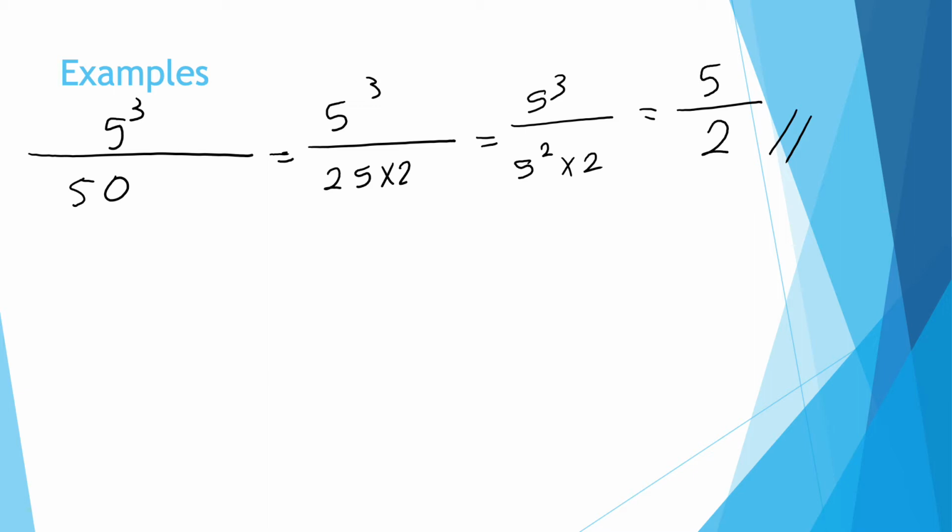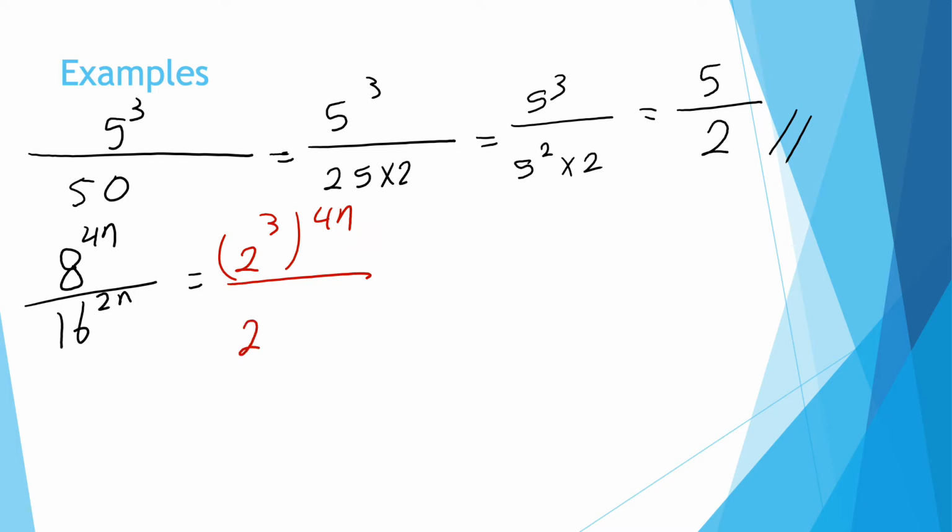Another example, slightly harder, we could do 8 to the power of 4n over 16 to the power of 2n. Now both bases can be written as base 2. So the 8 can be written as 2 to the power of 3 all to the power of 4n over 16, which can be written as 2 to the power of 4 all to the power of 2n.